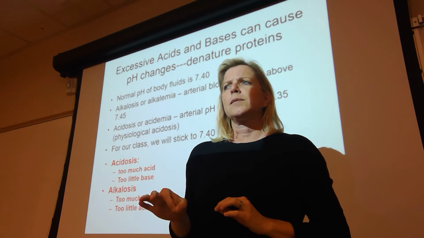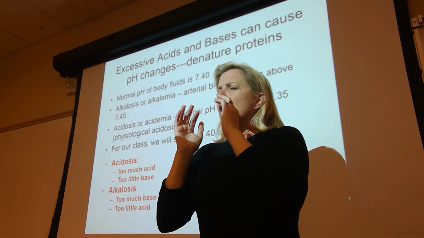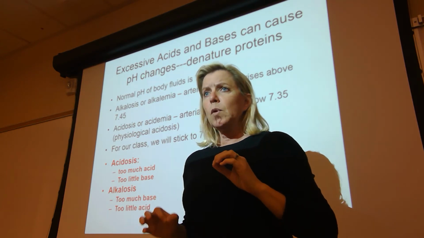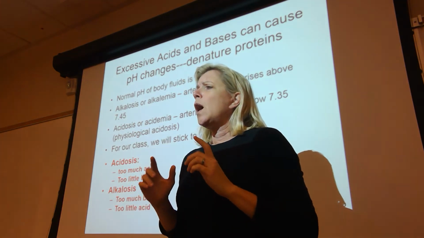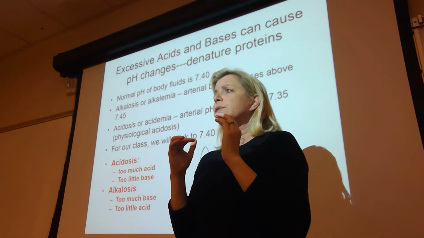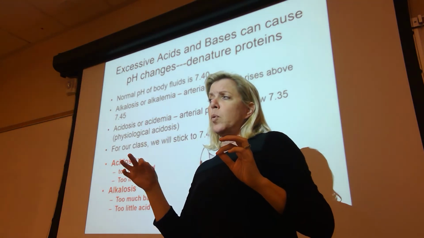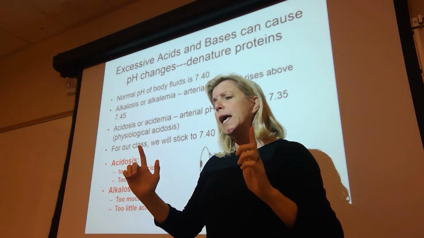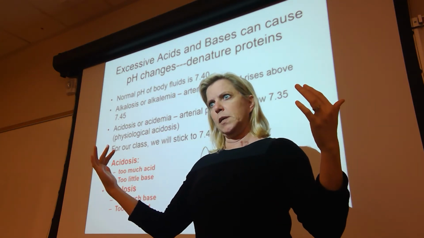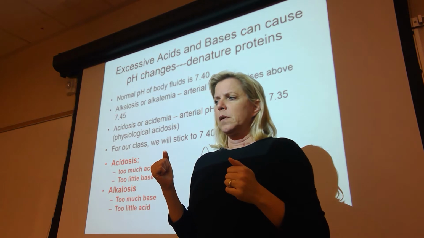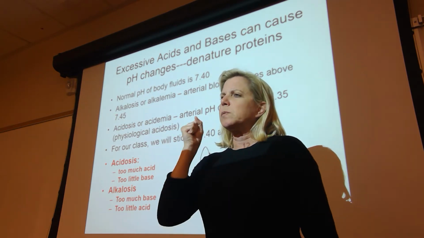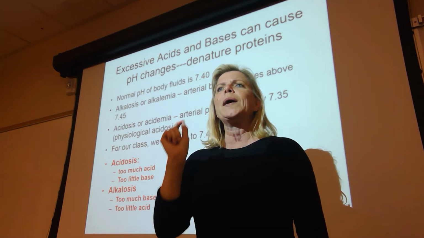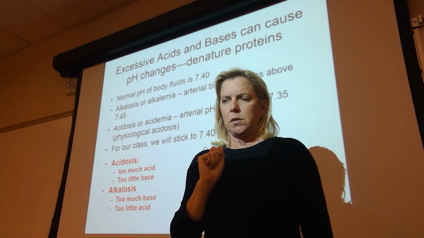Acidosis in our class will be anything below 7.40. We know from week 1, our normal pH range is 7.35 to 7.45. Do not confuse that with viable limits. For testing purposes, we will stick to a hard, middle number, 7.40.